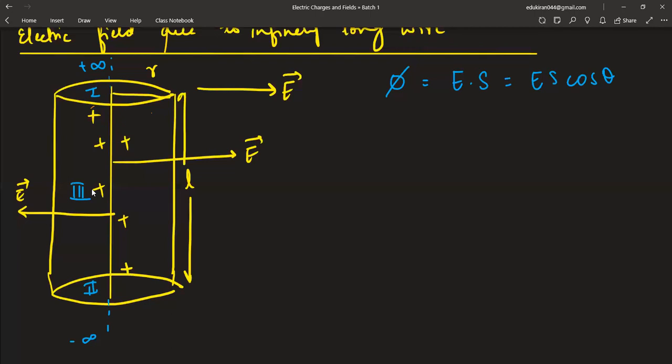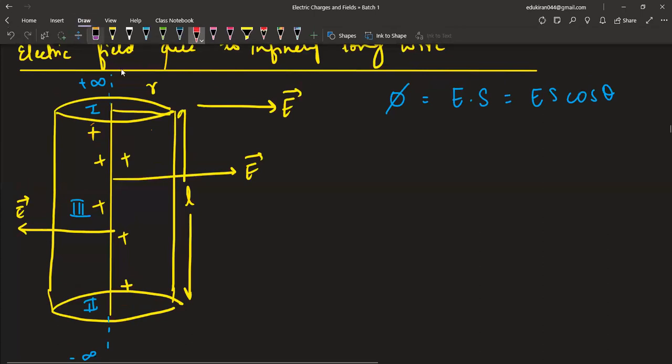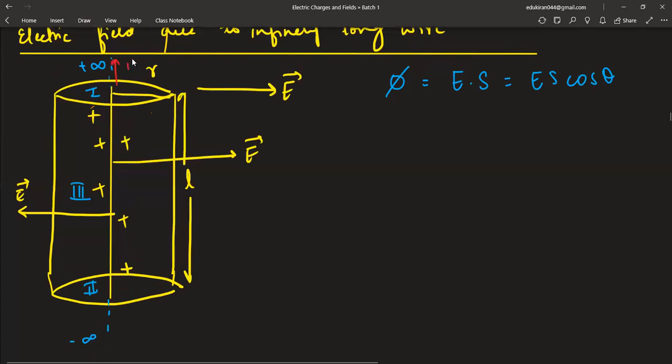Because you already know a cylinder is made up of one curved surface and two flat circular surfaces. So we'll do the curved surface separately.